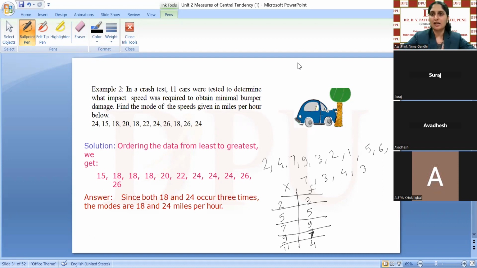Frequencies are the values which tell you how many times your observation is repeating in your data set. So here your number 2 is repeating 3 times, 5 is repeating 5 times, 7 is repeating 9 times, and 9 is repeating 7 times. 11 is repeating 4 times in your data set. So ultimately, which number is repeating the maximum number of times? The number with the highest frequency, that is 7.